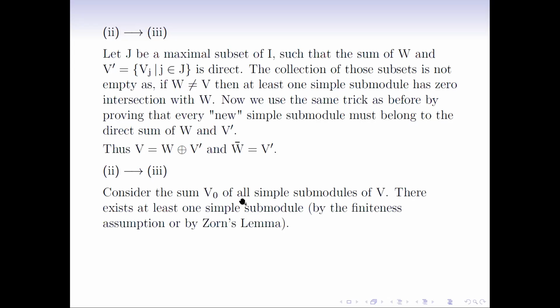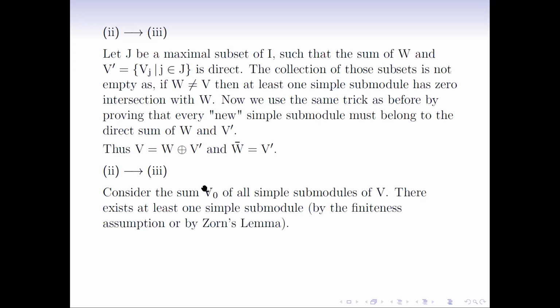So consider the sum of all simple submodules of V. There exists at least one simple submodule by the finiteness assumption or by Zorn's lemma. So it's not 0. At least there exists one simple submodule of V. So the sum of all simple submodules is a non-zero submodule.